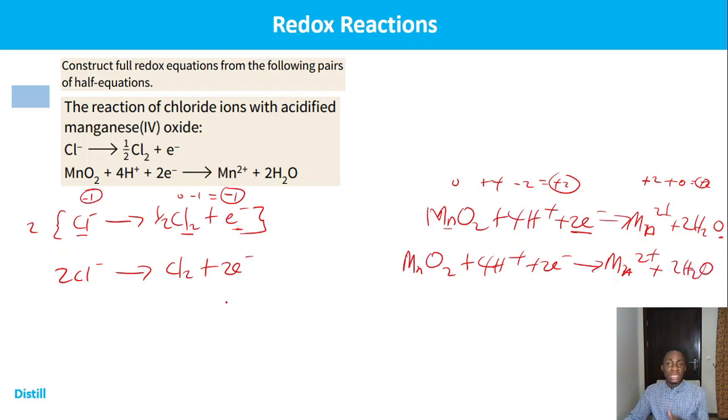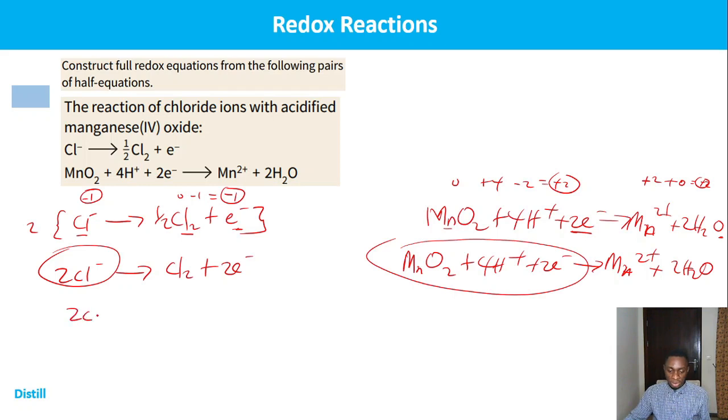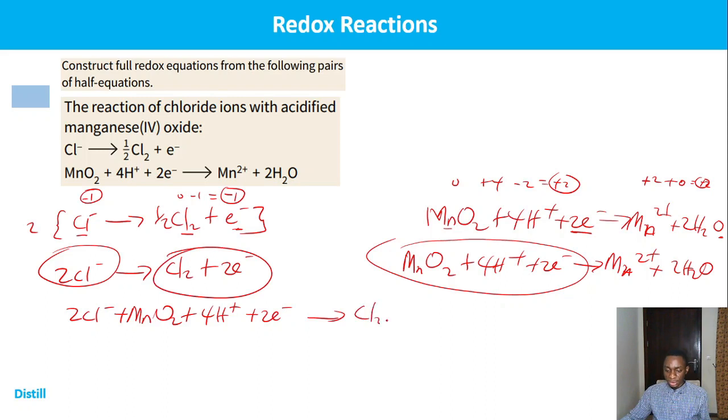Great. So we need to now merge the two equations together. So the reactant side together first, then the product side together. So we have 2Cl minus plus, then the product side together, we have Cl2.